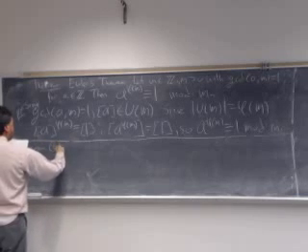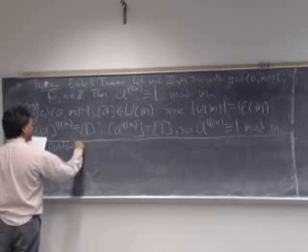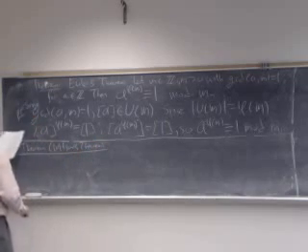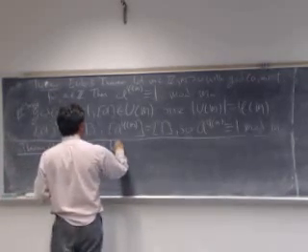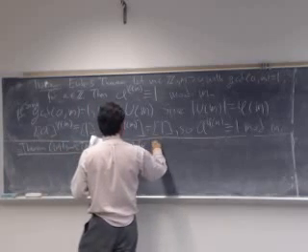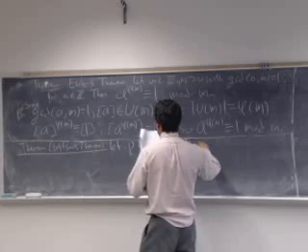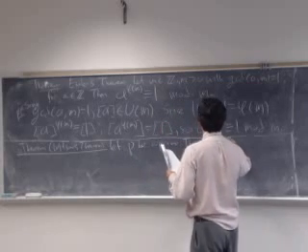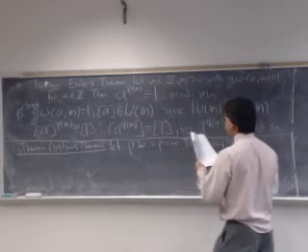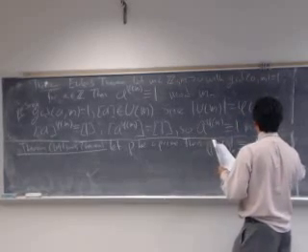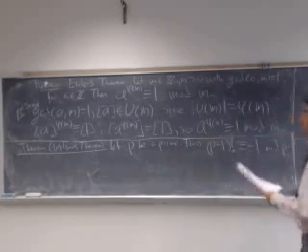This is our third famous theorem of number theory. Let P be a prime. Then P minus 1 factorial is congruent to negative 1 mod P.